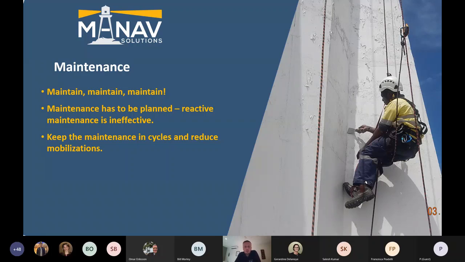The maintenance should be kept in cycles and reduce mobilisations. This was particularly important in our experience because of the logistics and just the widespread geographical locations and just how remote it was. So it's important to plan.